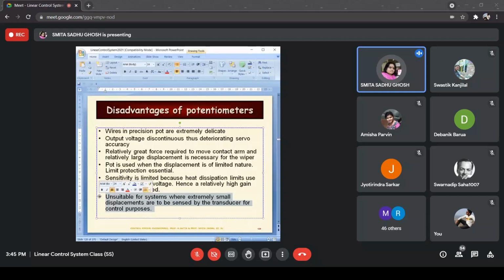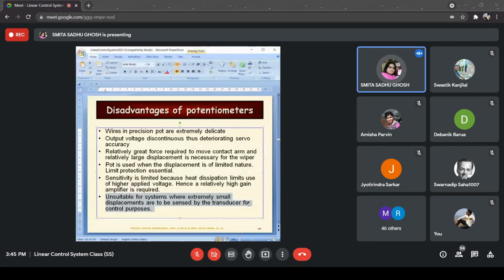As an error detecting device, yes, it is simple and you can apply it, but nevertheless, there are certain limitations, and that would not enable you to apply it anywhere and everywhere. You have to keep these limitations in mind.